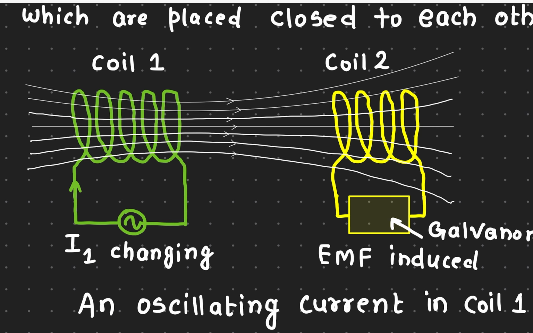Because of the changing magnetic flux through the second coil, we get an induced EMF, or there is a voltage difference between these two terminals, or there will be a current passing through the circuit. This current we call an induced current, and this voltage between the two ends of the coil we call the EMF, electromotive force, or the induced EMF.